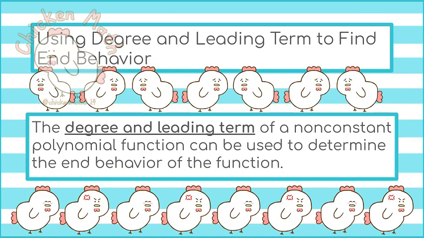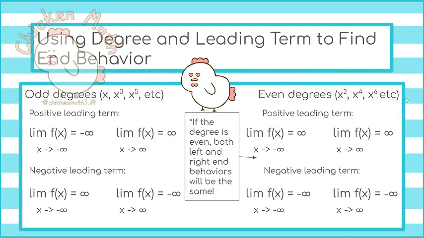Okay, using a degree and leading term to find end behavior. The degree and leading term of a non-constant polynomial function can be used to determine the end behavior of the function. In order to see what this means, let's go on to the next slide. As you can see, there's this huge wall of information, which is a little intimidating, but don't be worried.